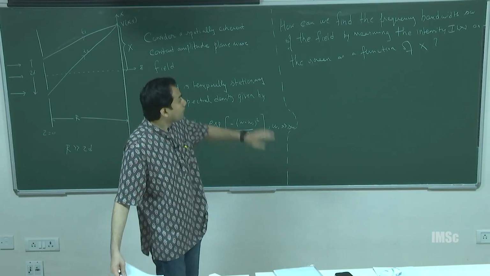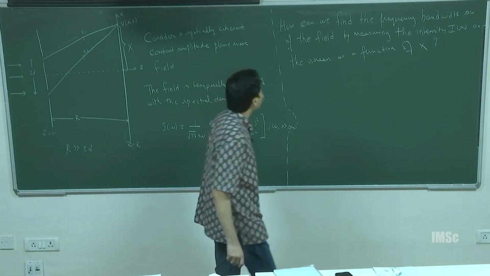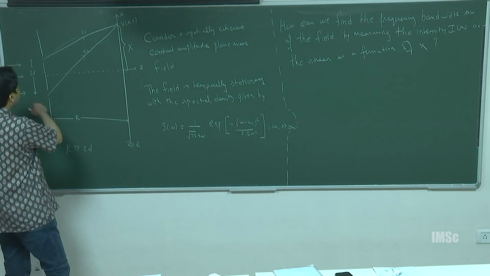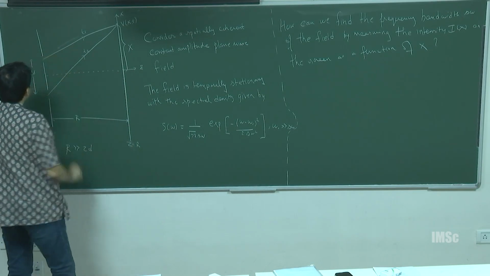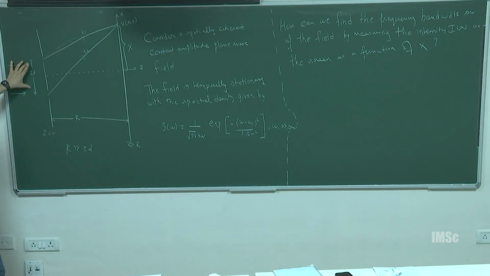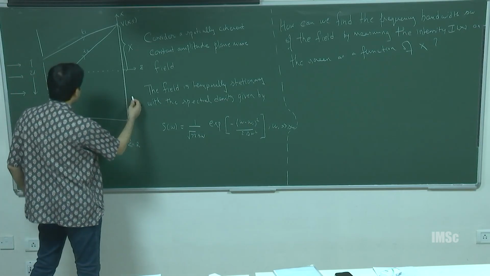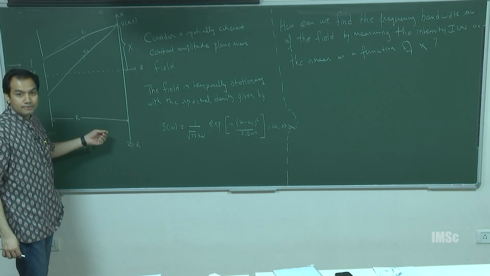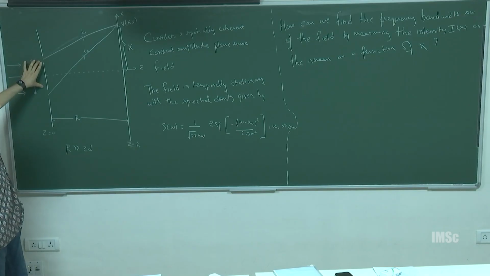So this is the setup. We have the Young's double slit setup, we have the field, and we have two slits. The separation between the slits is 2D, and the screen is placed at a distance r from the slits. Of course r is very much larger than the separation between the slits.